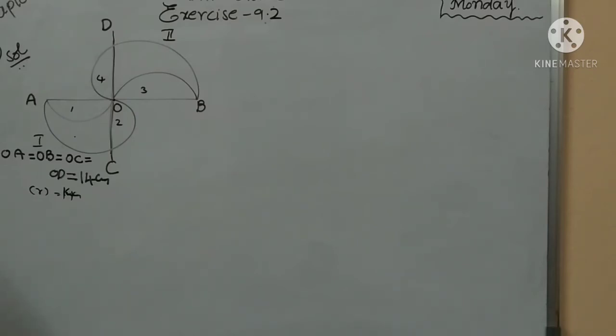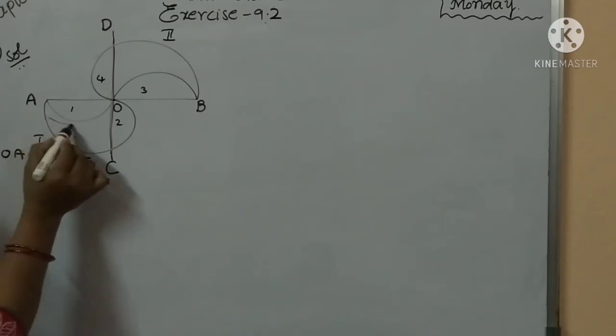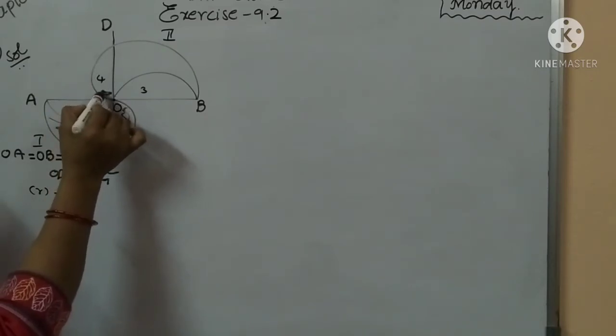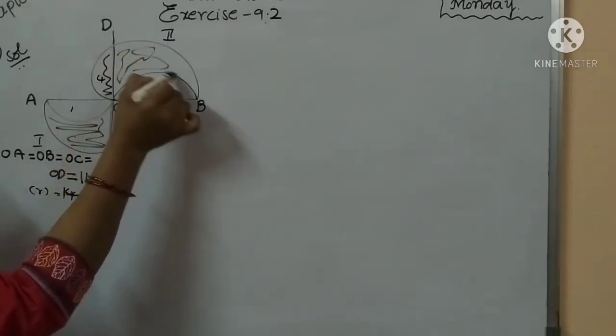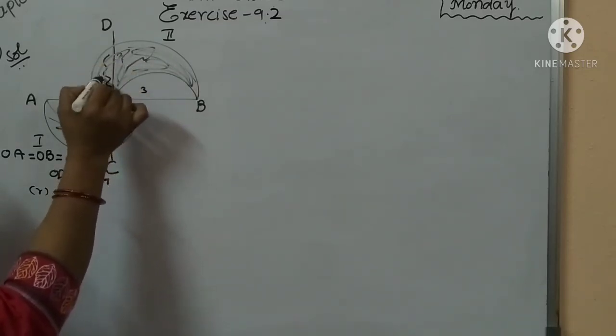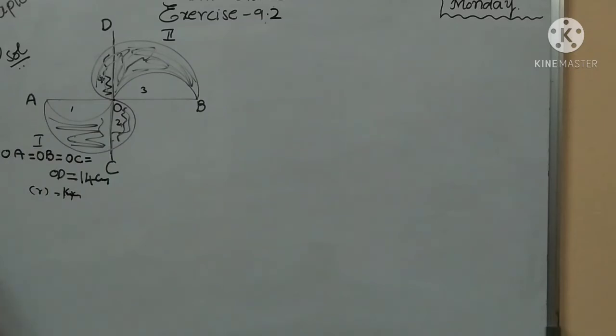So it is the shaded part. Find the area of the shaded part. So here, observe that radius OA equal to OB equal to OC equal to OD equal to 14 centimeters.